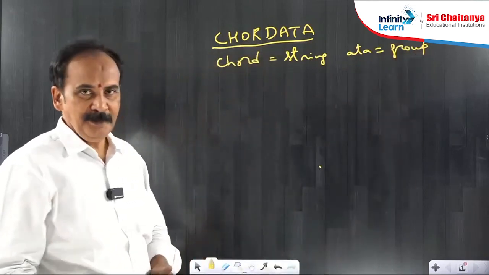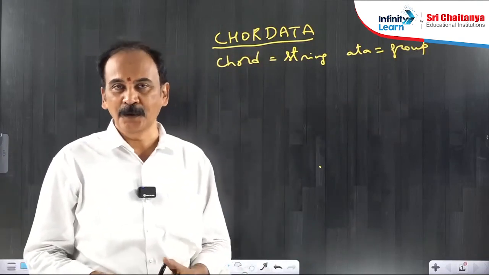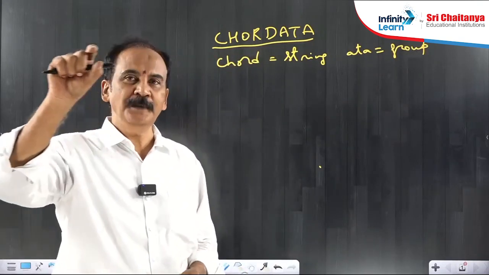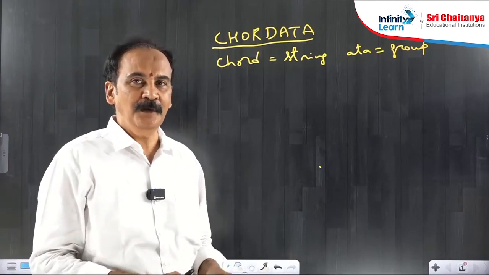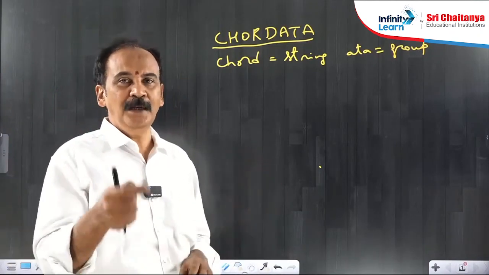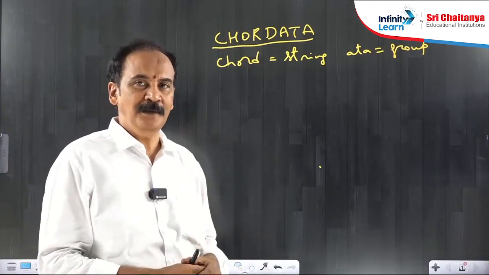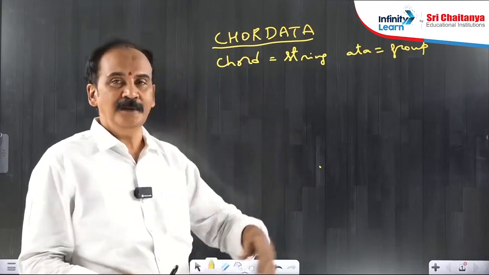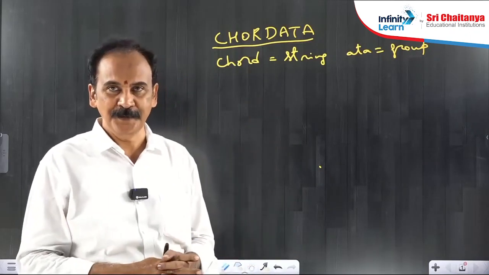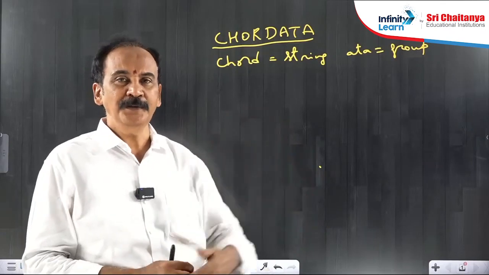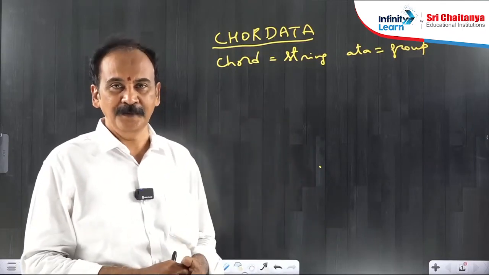So all chordates are expected to have a notochord, a string-like structure present on the dorsal side of the animal that supports as well as provides attachment for the muscles, present at least in some stage, either during the embryonic stage or maybe in the adult.